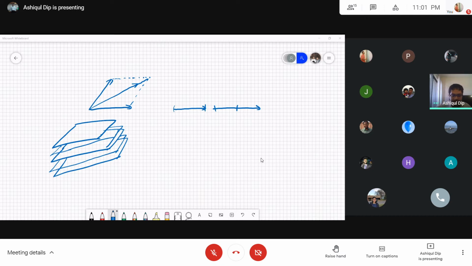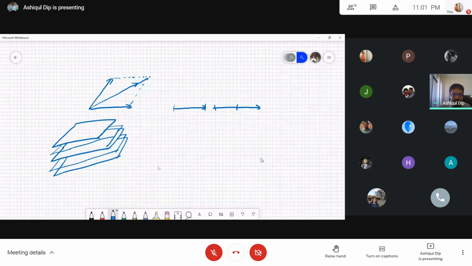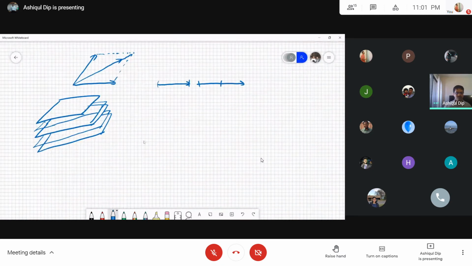Is that clear, everyone? Yes. So for multiplication, it's actually how the constant surface changes.